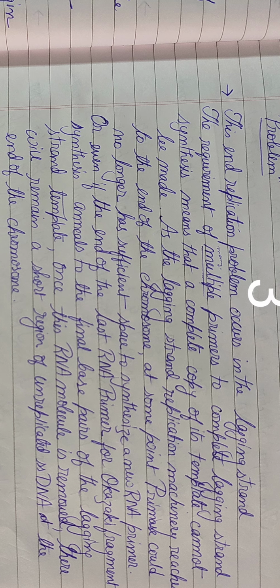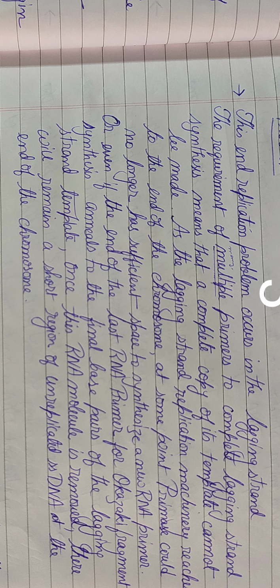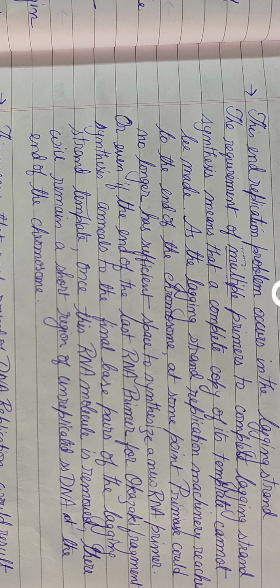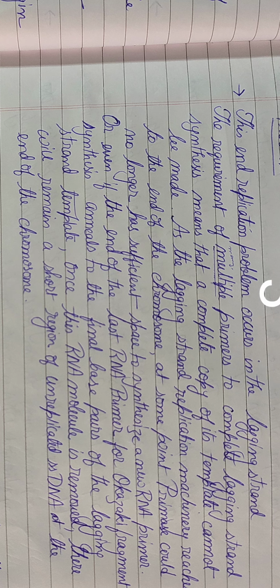Why? As the lagging strand replication machinery reaches the end of the chromosome, at some point what will happen? Primase could no longer have sufficient space to synthesize a new RNA primer.